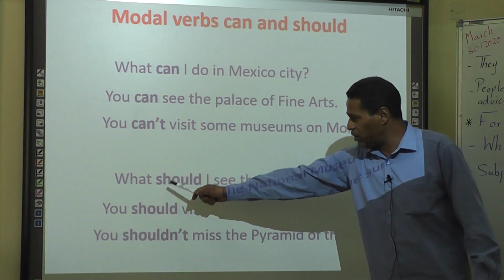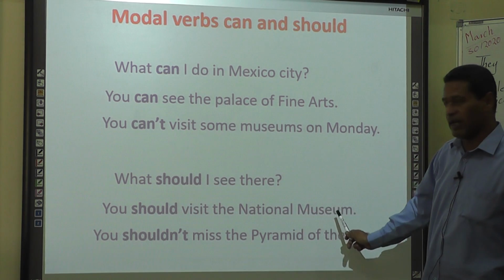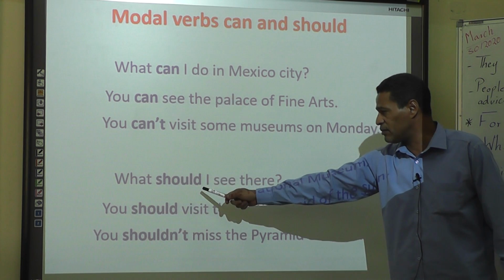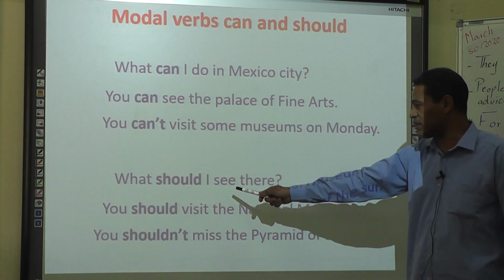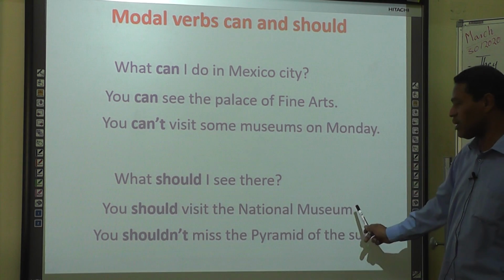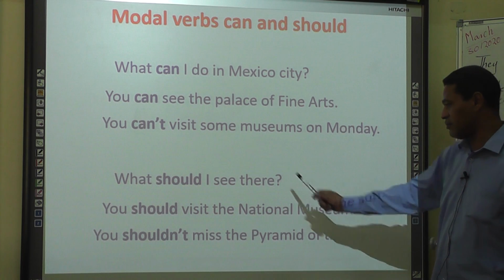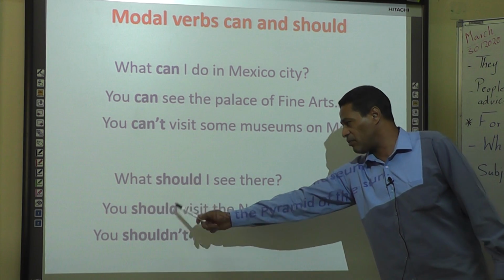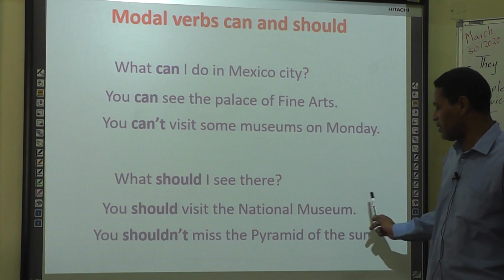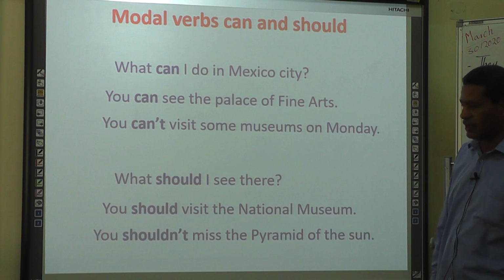Another example, what should I see there? Again, question word, modal, then the subject, then the verb. You should visit the National Museum. So, subject, modal, verb. You shouldn't miss the Pyramid of the Sun.